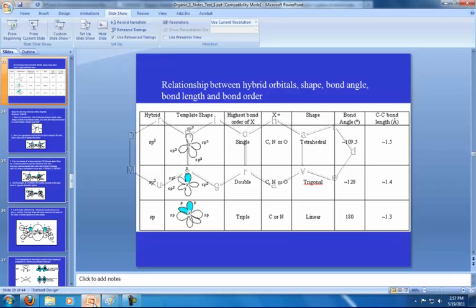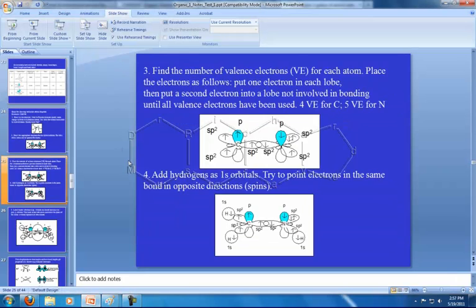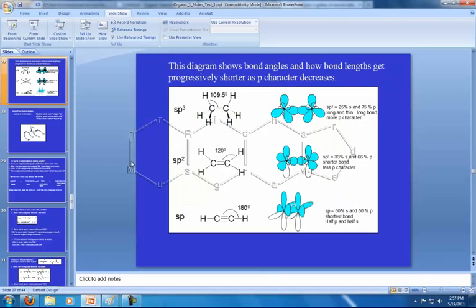Now related to this also will be the way that these hybrids join together. What we're going to see for these different hybrids, for example sp3, sp2 and sp, is that there's a link between bond length and the hybrids that we're talking about.